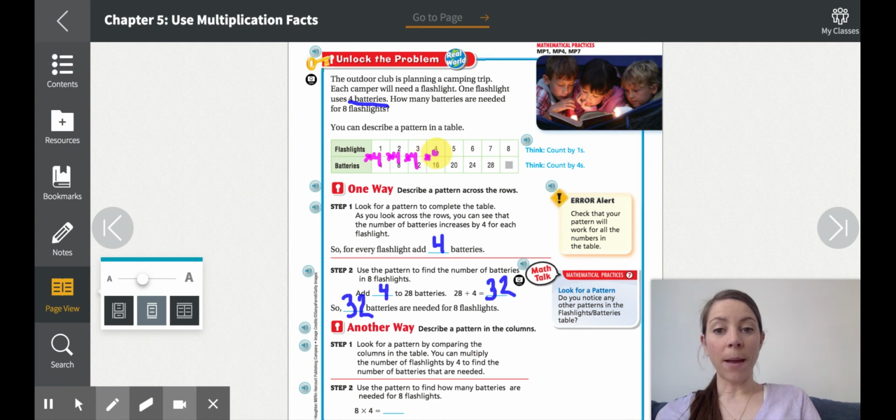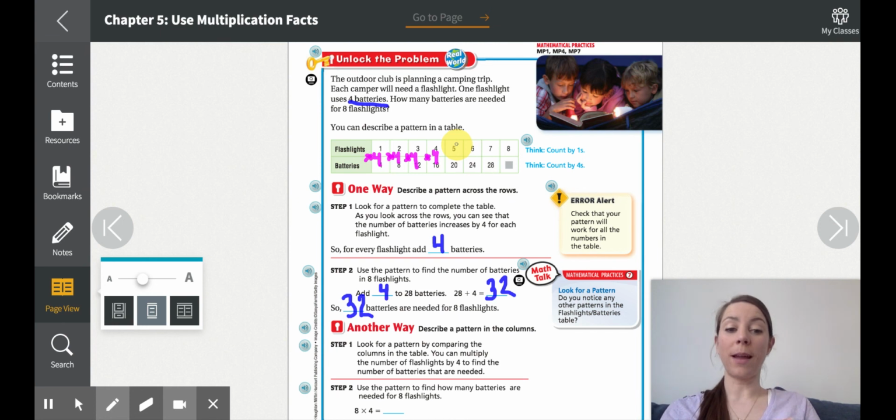So my pattern going down is not adding 4 this time. It's not 5 plus 4 is 20 or 6 plus 4 is 24. Going down, it's multiplying by 4, right? So I'm multiplying the number of flashlights by 4 to get the number of batteries.